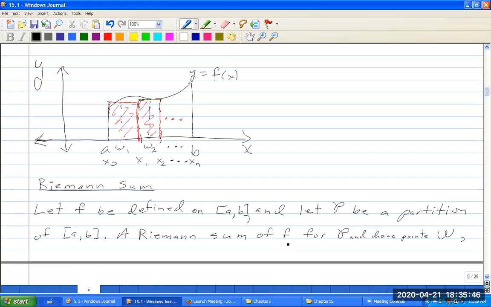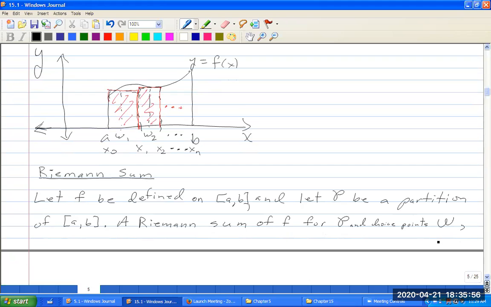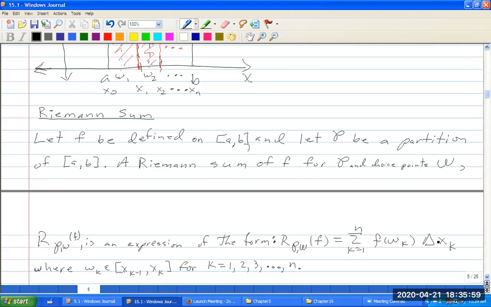A Riemann sum of f for the partition P and choice points W. So I have some choice points W. These choice points W are, well, the kth choice point is any point in the closed kth subinterval, as determined by the partition P. So the Riemann sum, W1 some point in the closed interval from x0 to x1.